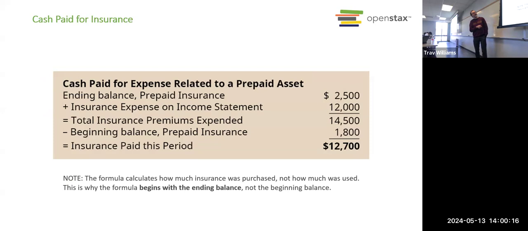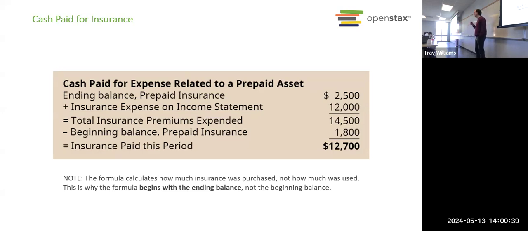If it's a prepaid asset, like prepaid insurance, then it's like the formula we saw for how much inventory we purchased, where you start with ending, add additional insurance you bought, subtract the beginning, and that gives you your answer.